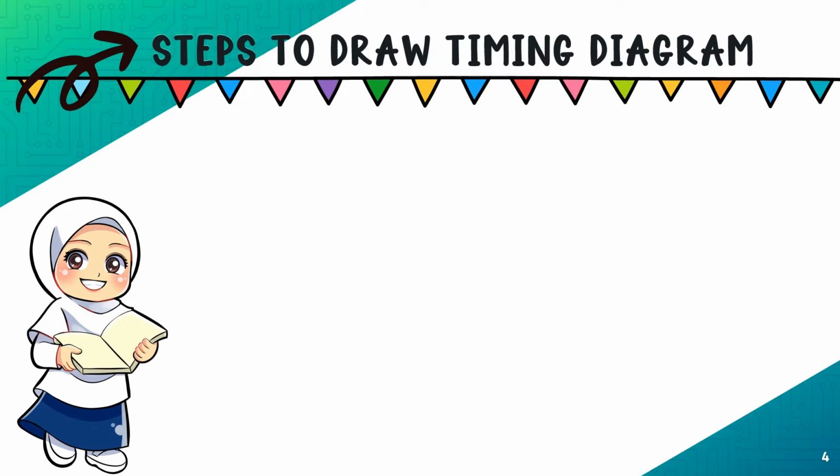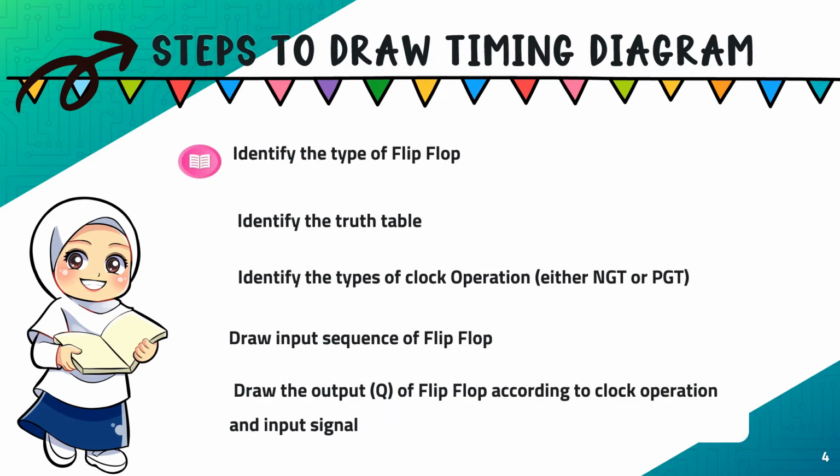Let's start with 5 steps to draw a timing diagram. First, identify the types of flip-flop such as SR flip-flop, JK flip-flop, D flip-flop and T flip-flop. Second, identify the truth table by referring to the types of flip-flop.